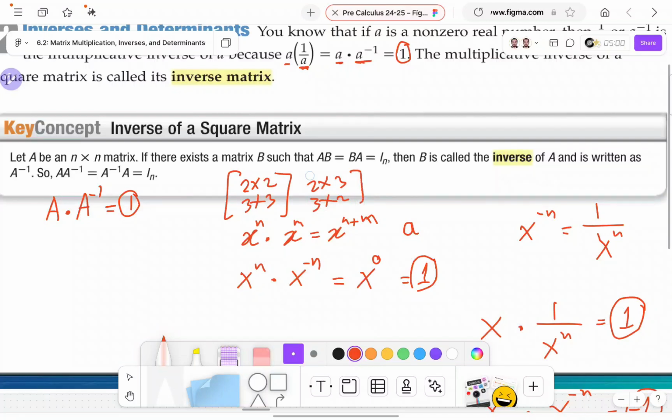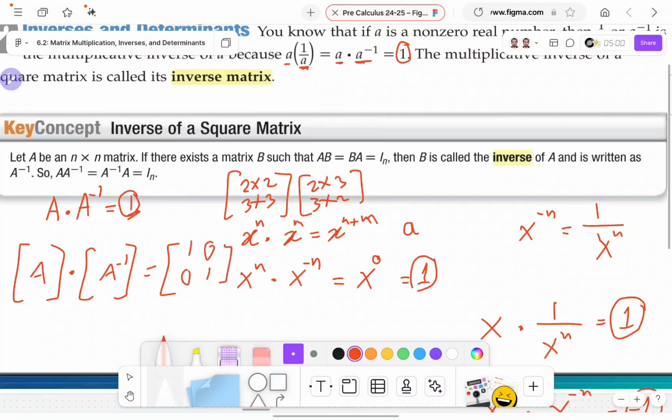So we have different types of matrices, right? So how can I get 1? Focus on this. Matrix A times the inverse of matrix A, I will get the identity matrix.